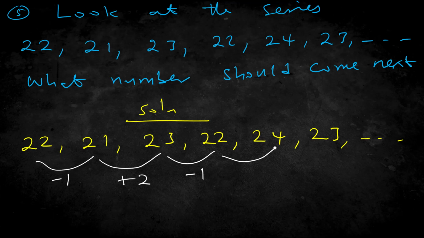Then 22 to 24 is plus 2. Look, minus 1, plus 2, minus 1, plus 2. So it means that the next one will be minus 1 after 24 then plus 2. So what do you think the answer will be? So this side will be 25. As simple as that.